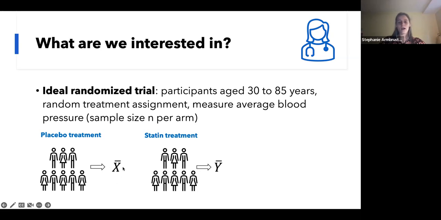So we have an X bar, which we use to denote the placebo average blood pressure, and a Y bar for the statin group. And then, as I said, we're interested in how much the treatment with statin changes our blood pressure. So we just compute our delta, which is a common way of mathematically denoting a treatment effect. It's nothing else than the average blood pressure of the placebo group minus the average blood pressure of the statin group, to figure out, okay, how much does it differ?